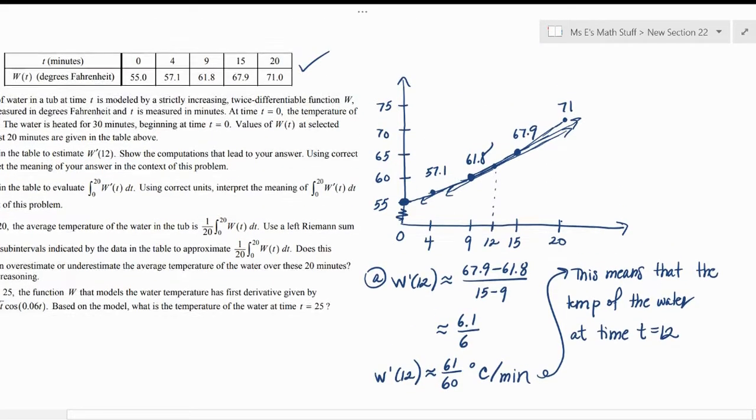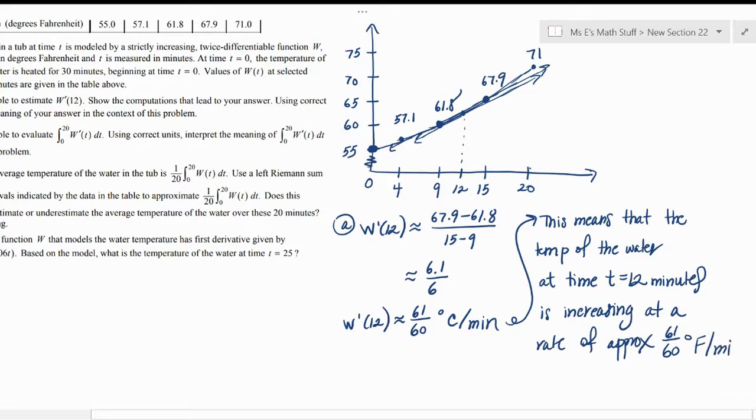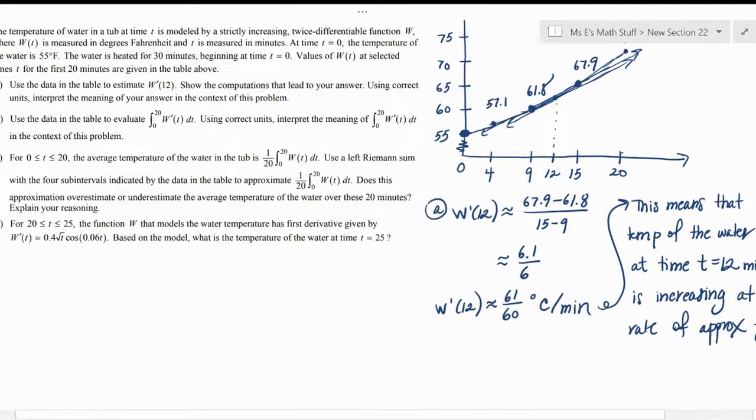So 12 what? 12 minutes. The temperature of the water is increasing since it's positive at a rate of approximately, I'll just say 61 over 60 degrees Fahrenheit per minute. There we go. All right, so that's part A.